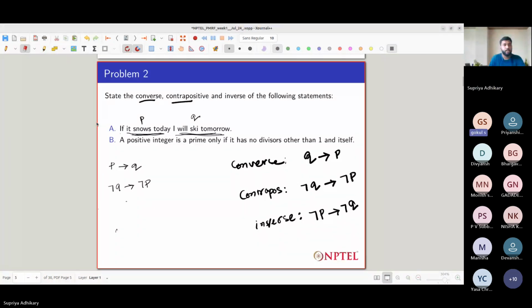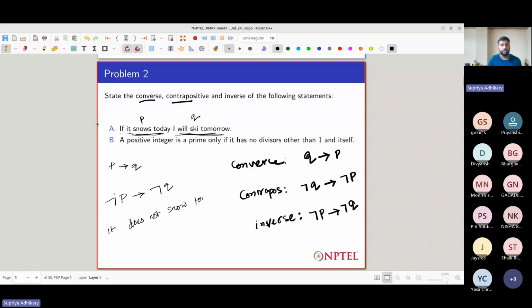Next we have the inverse of this statement. So the inverse statement is that not P implies not Q. So what is the negation of this statement P? It does not snow. And the negation of this statement Q is that I will not ski.